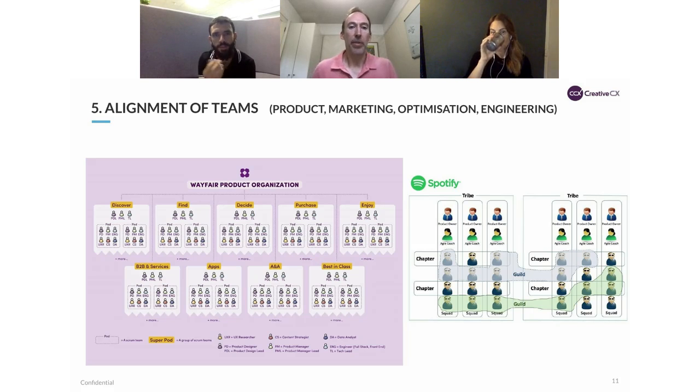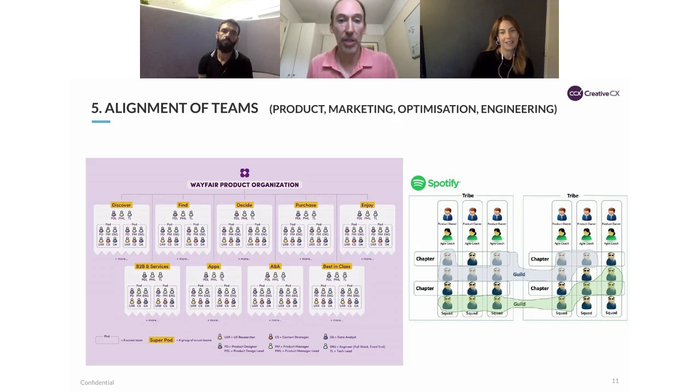A lot of people understand Spotify, because they were one of the first to go down the squad route, which is effectively product teams, and then tribes, which are groups of product teams. So that's a decentralized type of team where they're responsible for different parts of the customer journey. And the other diagram on the left here is from Wayfair's product organization. You'd have to look very close to the screen, sorry, to see it.